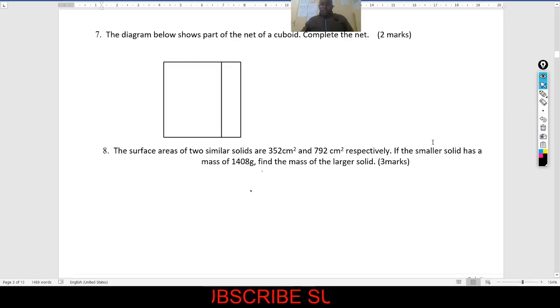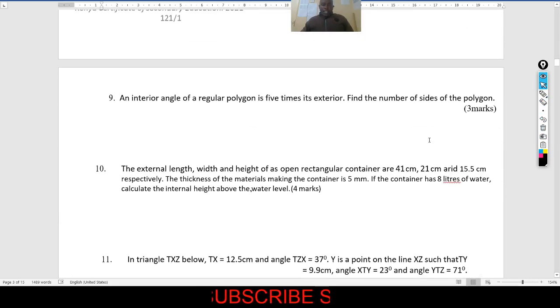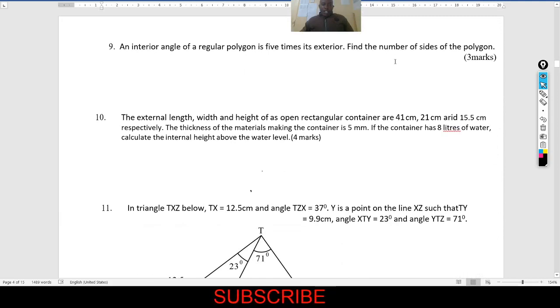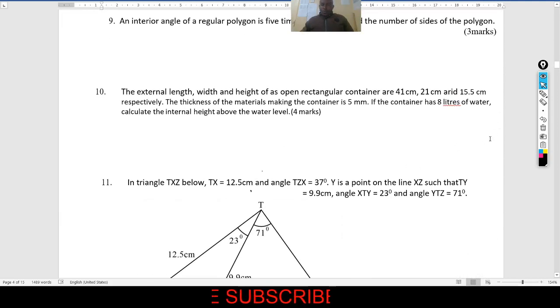Now, when you are dealing with question number 9, he's talking about an interior angle of a regular polygon. Call this the exterior angle. An interior angle is 5 times the exterior, so if the exterior is x, the interior is 5x.